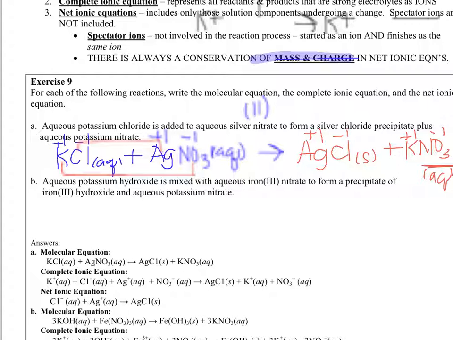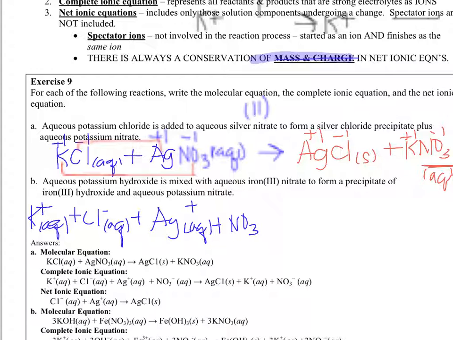The next task is to write this same reaction, but in ionic form. And this is complete ionic form. So we're writing down all of the ions. And I'm going to do this down below. So I have potassium ions, aqueous in solution, plus chloride ions, plus silver ions, Ag, plus nitrate ions.